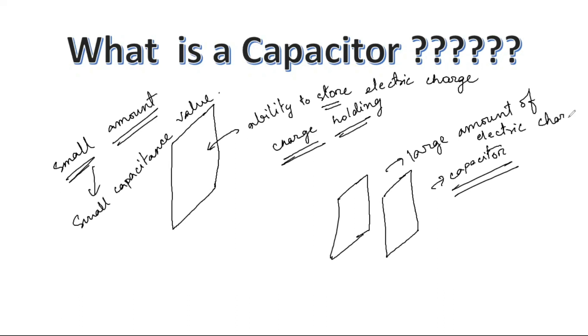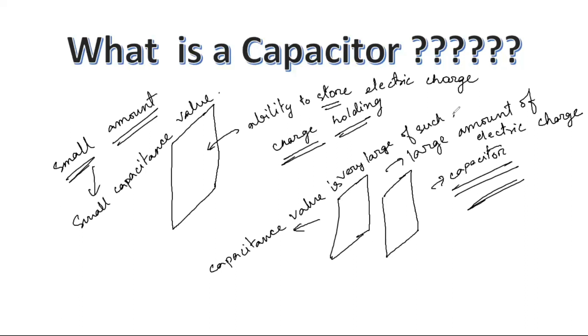So this is what a capacitor is. And since we are able to store a large amount of electric charge, the capacitance value is also very large for such arrangements.